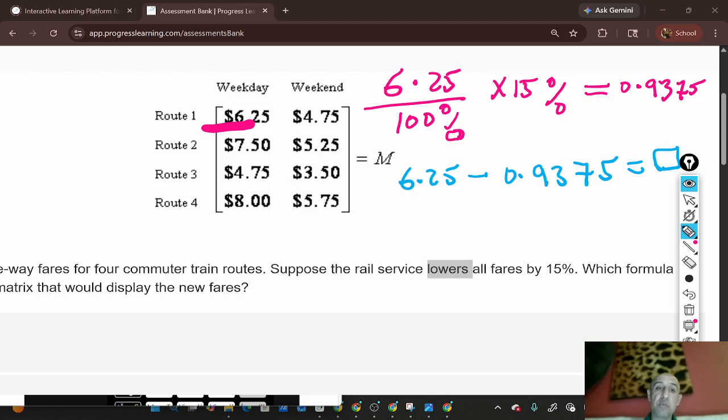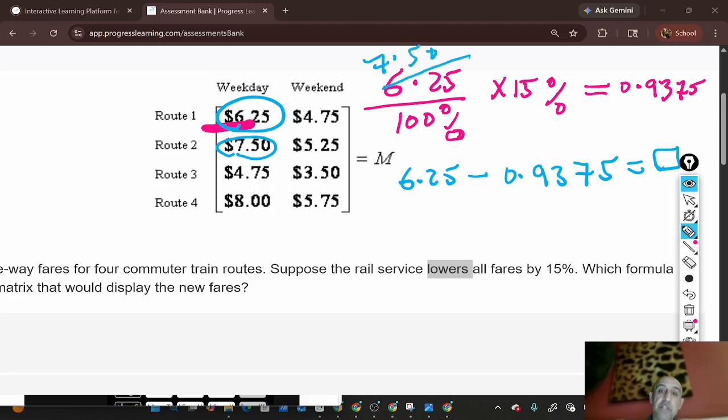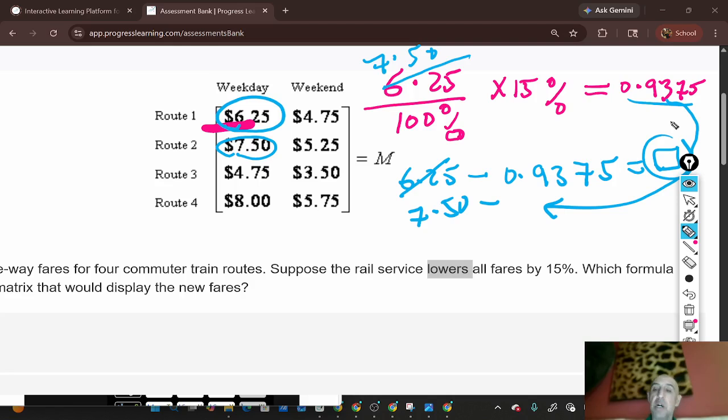In this case, we can see that 6.25 represents one of the elements, but we can do the same thing with 7.5. For example, right here, the 7.5, do the calculation, find the answer here, and take 7.5 and subtract the answer that you get to reach the final price.